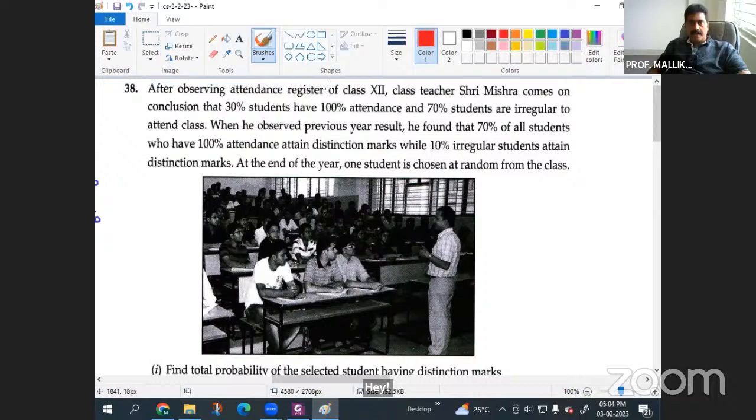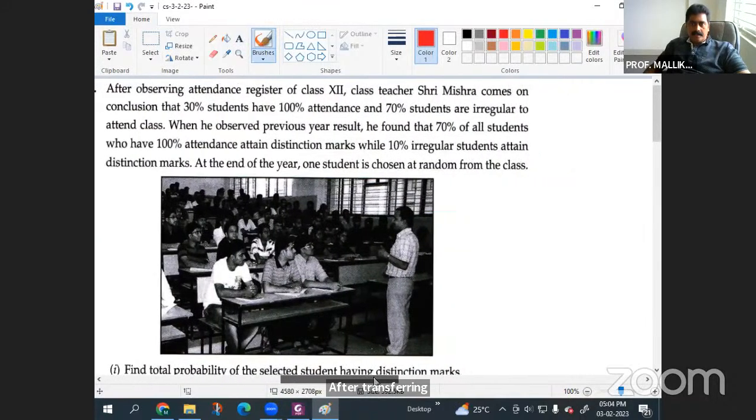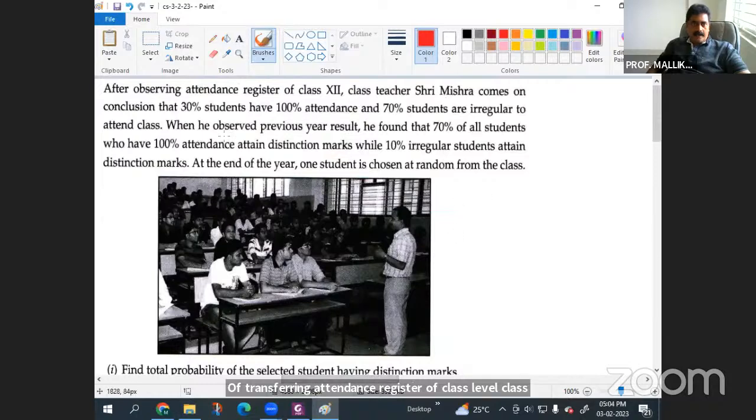After observing the attendance register, class teacher Shri Mishra comes to the conclusion that 30% of students have 100% attendance, and 70% of students are irregular. So regular and irregular I'll keep.